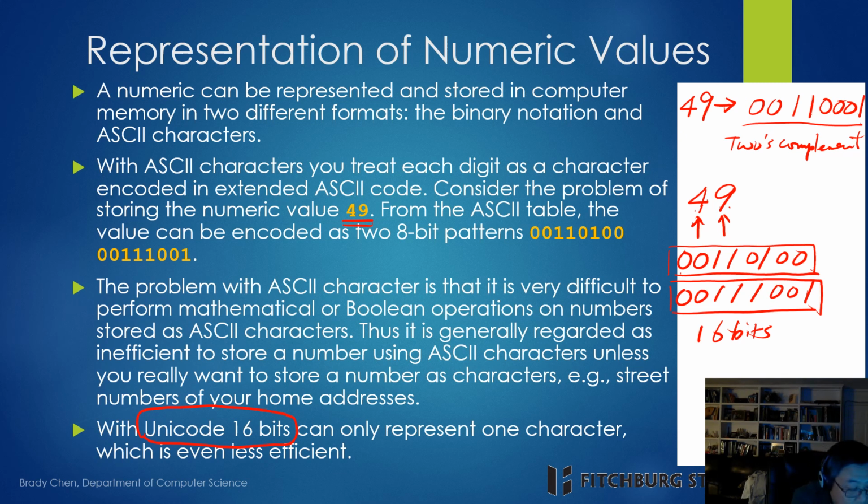So we need a total of 32 bits to represent 49 using Unicode, which is even worse. Okay, so basically for numeric values, the binary representation or the two's complement representation is much better than the ASCII characters or Unicode characters.